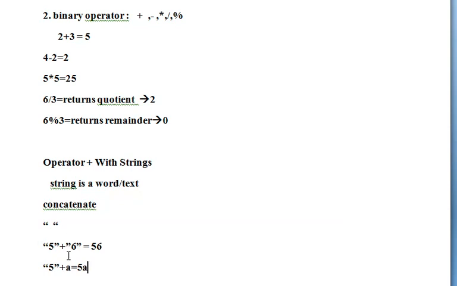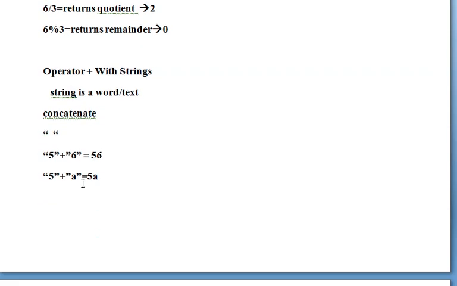Here a is of string type, so it will concatenate. Likewise, ABC plus DEF will give you A, B, C, D, E, F as the output. I hope this was clear to you.